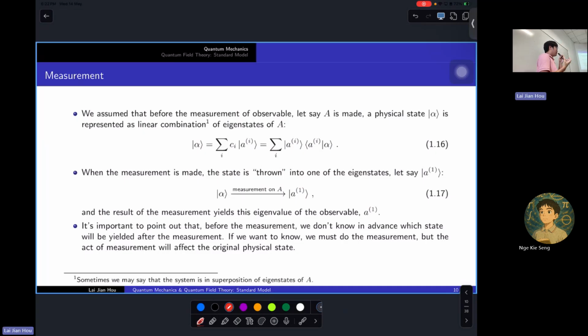The physical state is represented as the ket, which encodes the information that we want to measure, as we were talking about in the last 2 weeks.